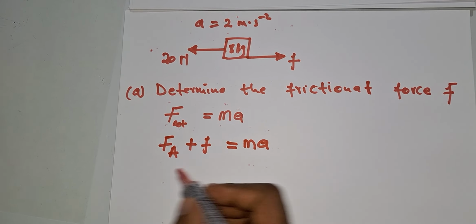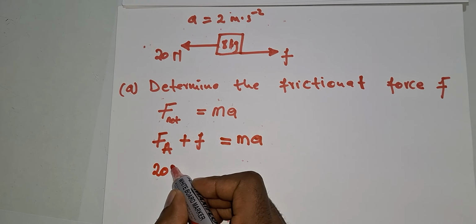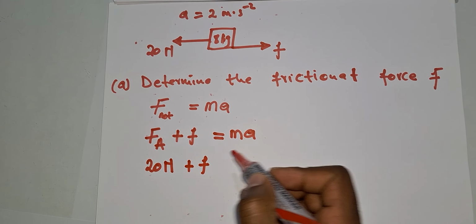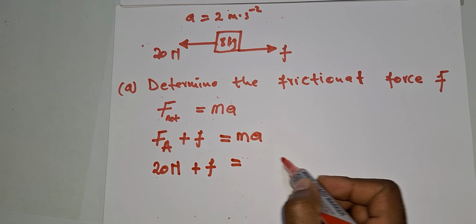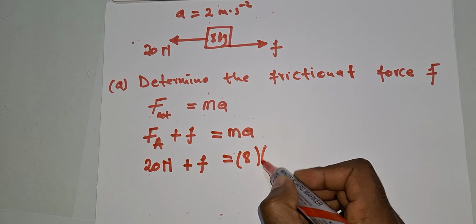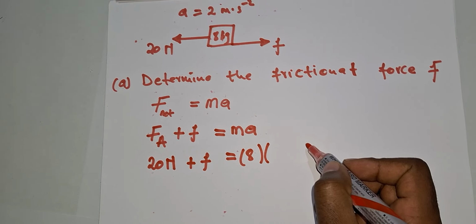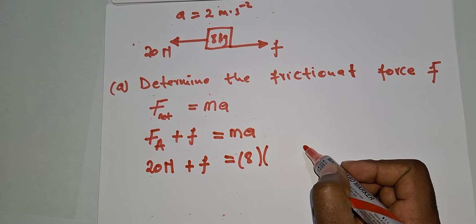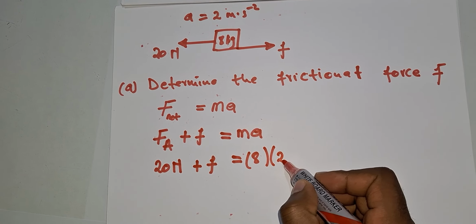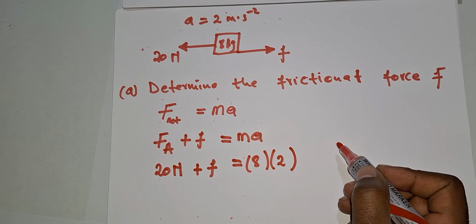So the applied force, we are told it was 20 newtons. Then we are looking for this frictional force. And the mass of the object, we were told it was 8 kilograms, right? And then we multiply it with the acceleration of this object, which is 2 meters per second, right?